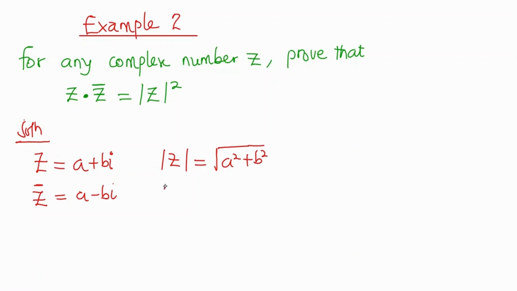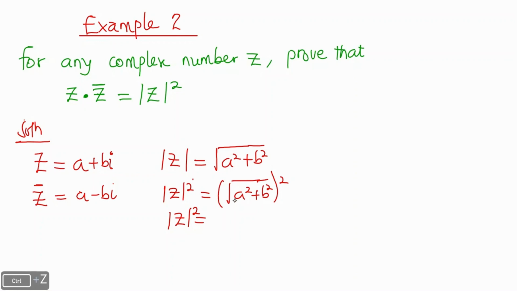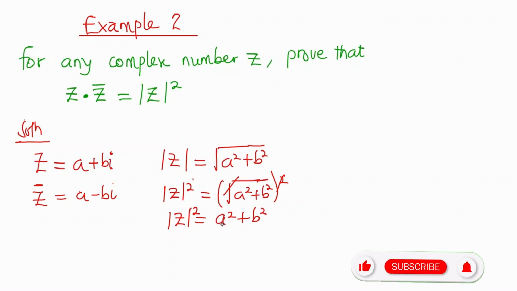So now, if you are saying the magnitude of z squared, then we should also square the square root of a squared plus b squared, so this square takes away the square root sign. You are left with a squared plus b squared. So this is what we want to prove. We want to prove that when we multiply z and z bar, we should get a squared plus b squared.